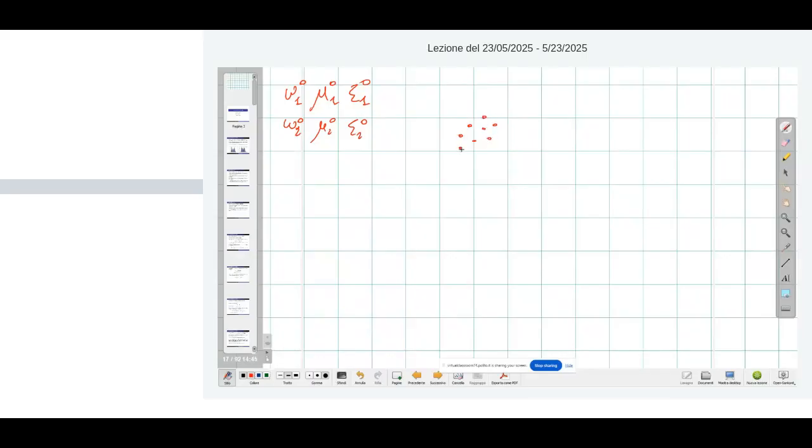For example, one Gaussian may be here, the other may be here, then maybe I have a third here, a fourth here. These are not a good fit of the samples. But let's imagine that I start from this point. Can I use the strategy to find a better solution?